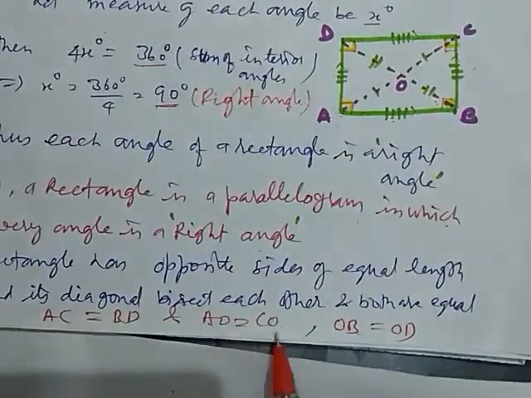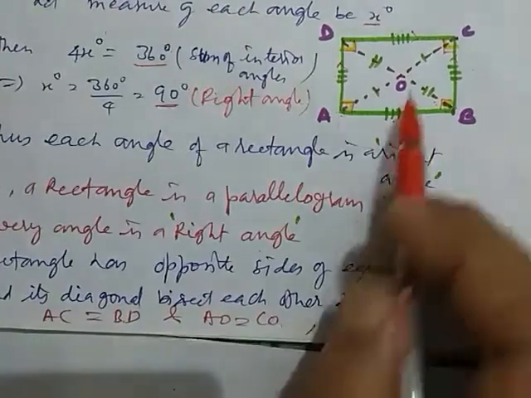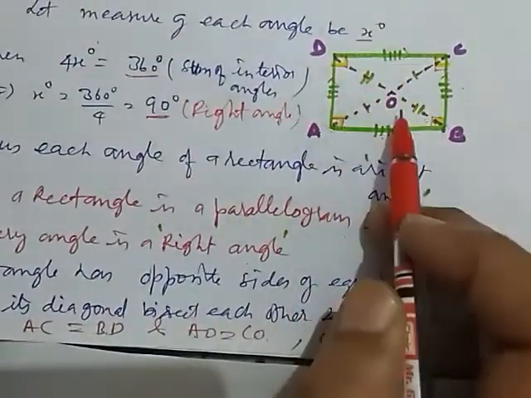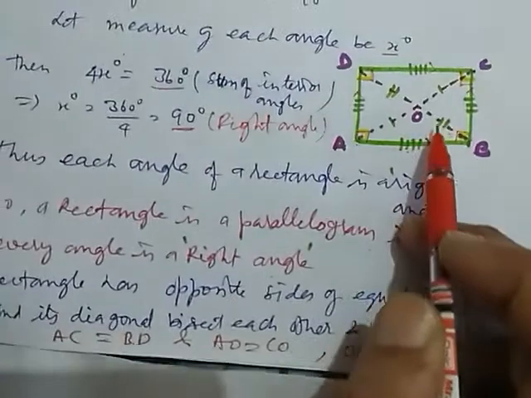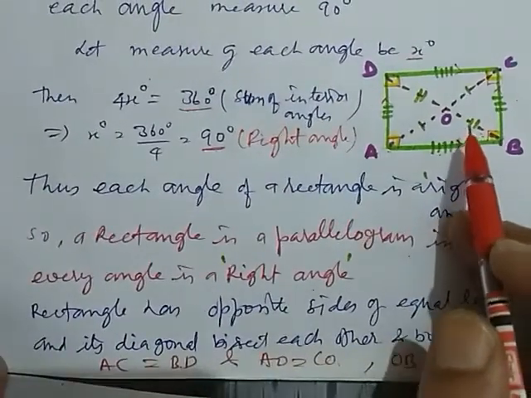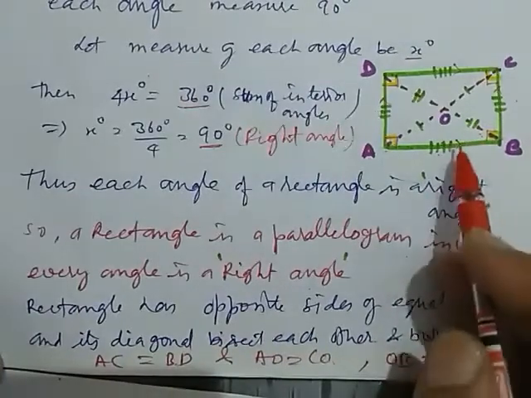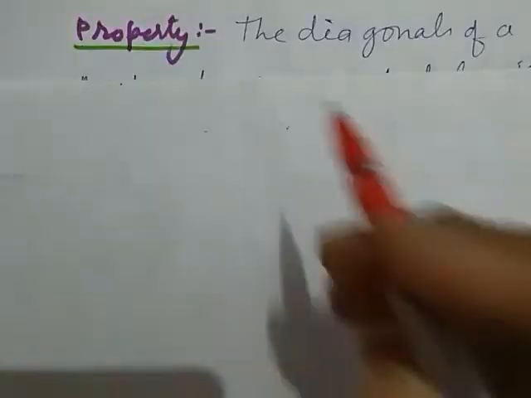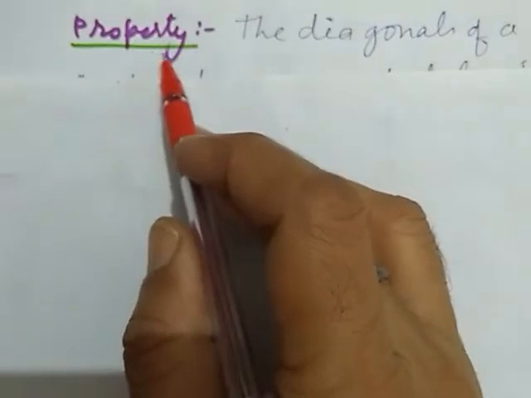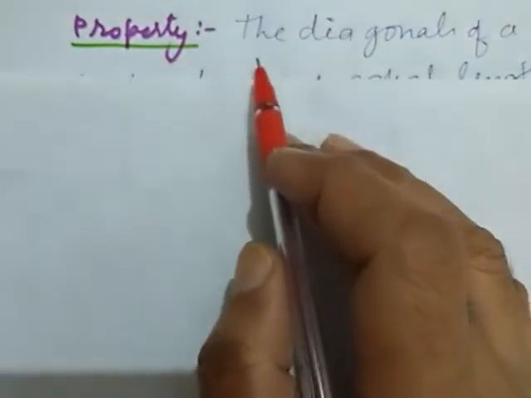That's why AO equals CO, OB equals OD. So these are our conclusions about the rectangle, which can be utilized to solve many problems. So learn this.